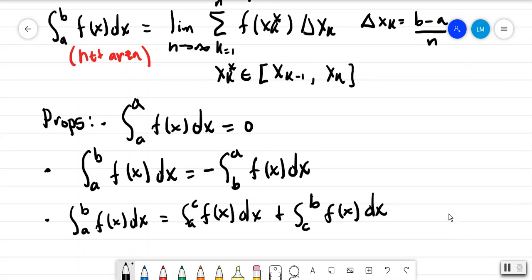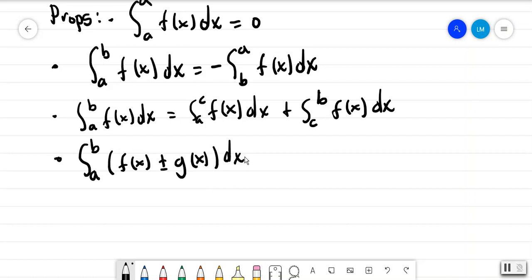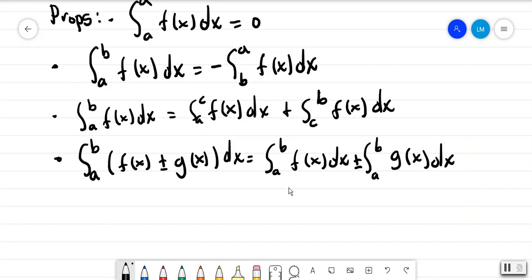Another property is that if we are integrating from a to b of f of x plus or minus g of x dx, we can separate these. So that'll be the integral from a to b f of x dx plus or minus the integral from a to b g of x dx. So these are the properties mostly that you'll need.